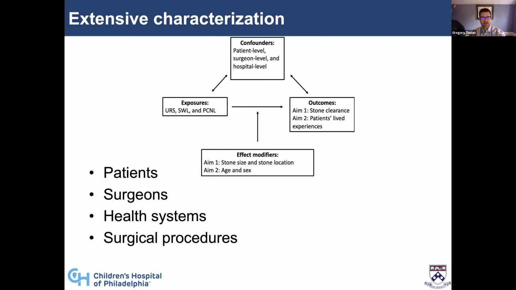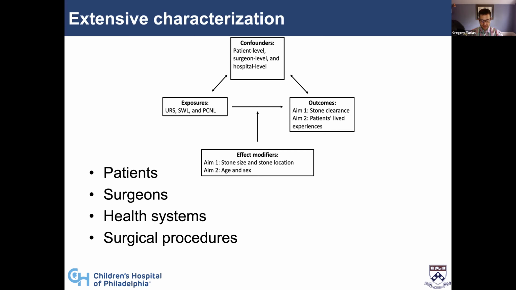So because of the complexity of surgical interventions, it is necessary, particularly in an observational study such as PEDSnet, to be able to characterize all of the different components that could influence both selection of intervention as well as outcomes, and then be able to understand how the intervention is being implemented, some of the causal mechanisms behind it, and to understand how the larger environment could impact the implementation of the surgical intervention and also the outcomes.